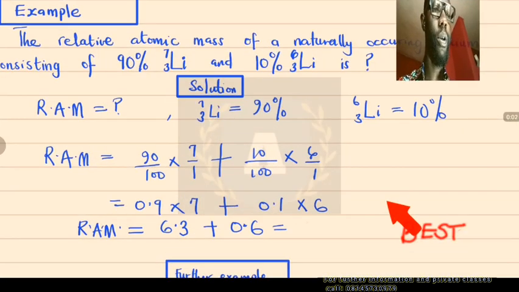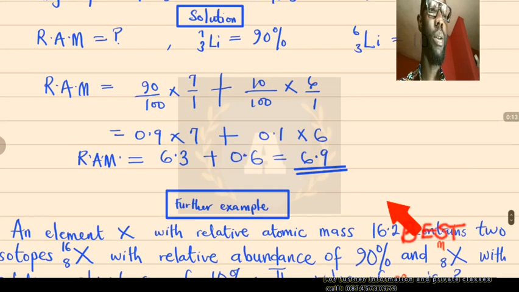So 0.6 plus 6.3 results to 6.9. So that is the relative atomic mass of the atom.